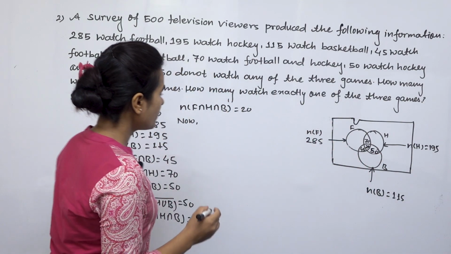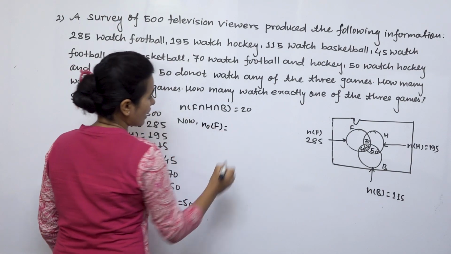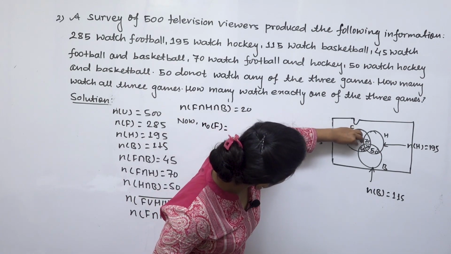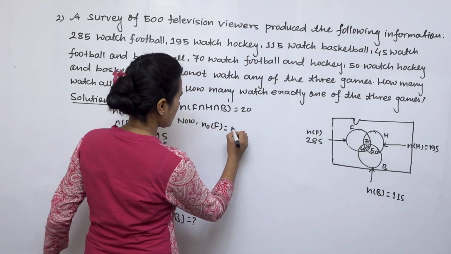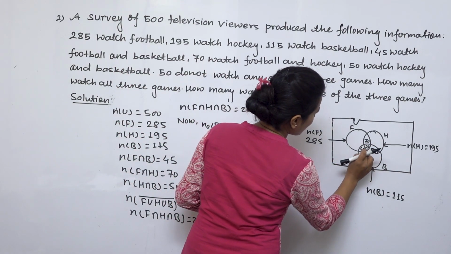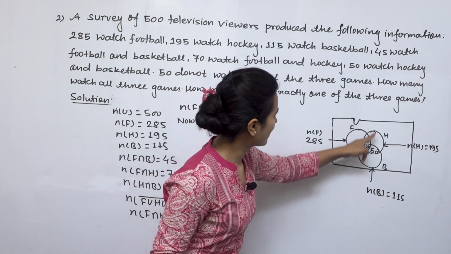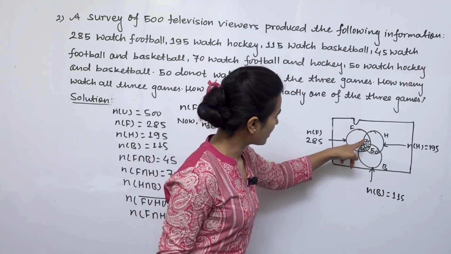Now, what do we need to find out? We need to find n(only F). Only F means only this portion. So we know the total for F is 285, and 70, 20, 45 all lie in n(F), but we need pure F, excluding these three.